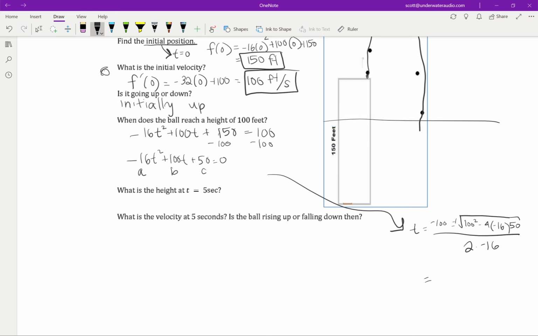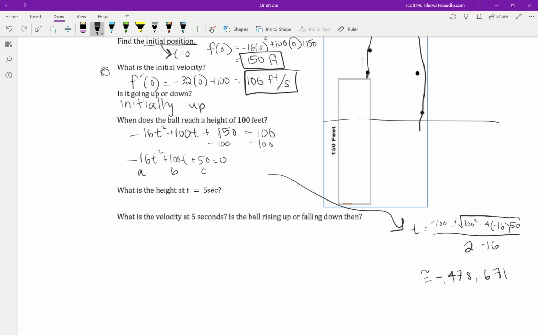So all of that needs to go in a calculator, and if you do that, you get 2 answers. Roughly negative 0.47, and this is seconds, right, because we solved for t, and 6.71.